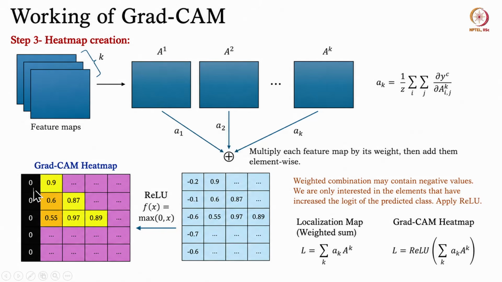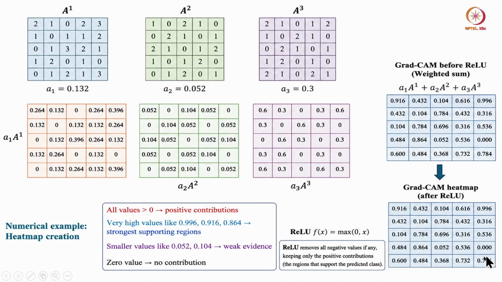This is called a heat map, where the highest values, the larger values, are considered to be the most important, and we consider them to be the influencers for predictions.